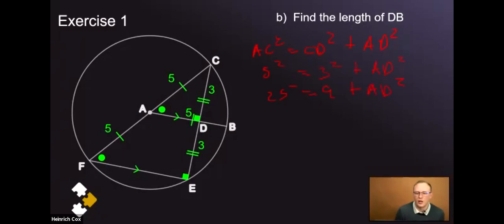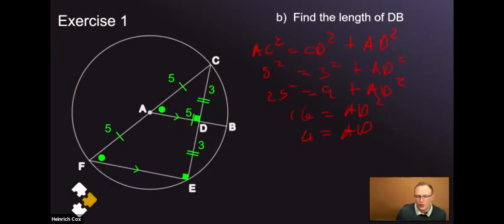And then 25 minus 9 is 16, which is equal to AD squared. And here, when we square root both sides, do keep in mind that when you square root, you have to go positive, negative square root of 16. But in this particular instance, we're dealing with the length of lines, so we can ignore the negative. So when I square root both sides, I'm just going to write 4 is equal to AD. So that then is the length of AD.